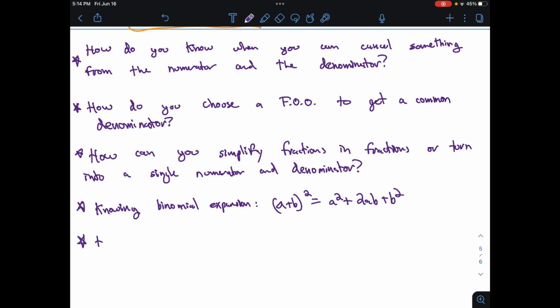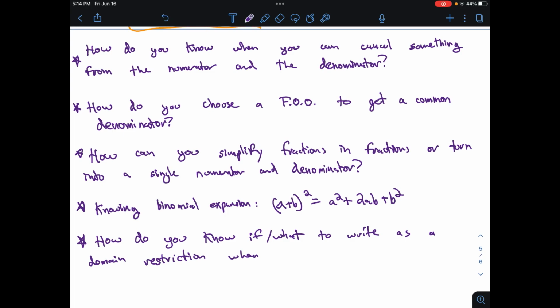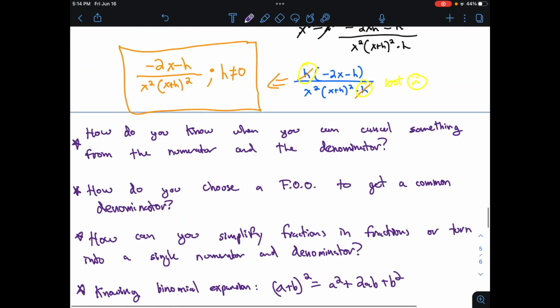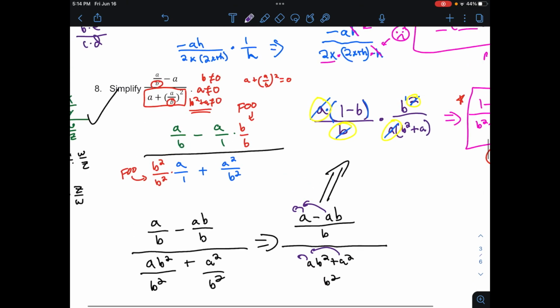And the last one is, how do you know what to write as a domain restriction when simplifying rational expressions? Okay, so these are the big key questions when you do this worksheet.